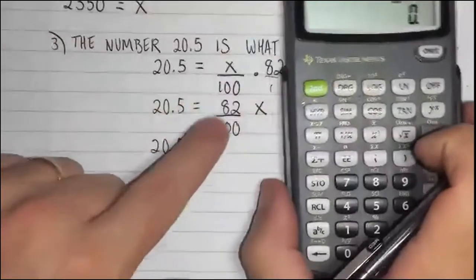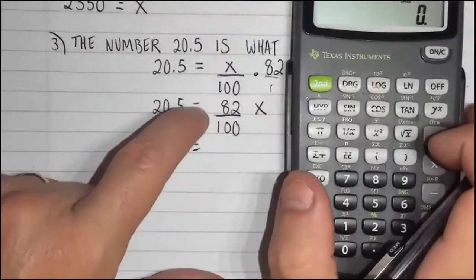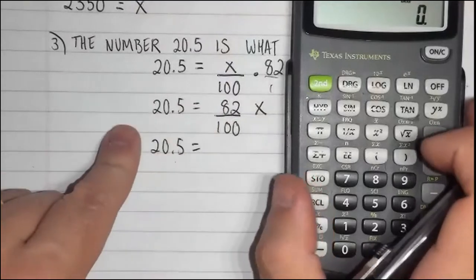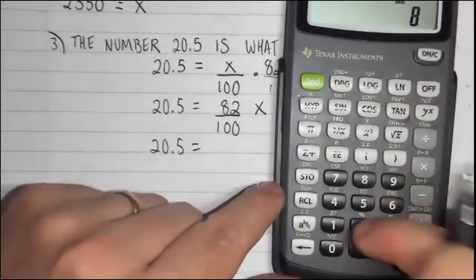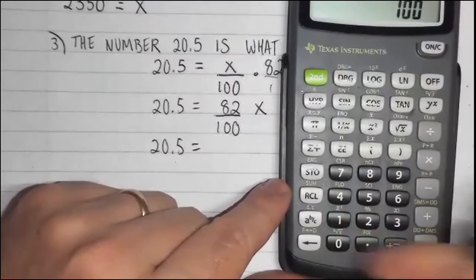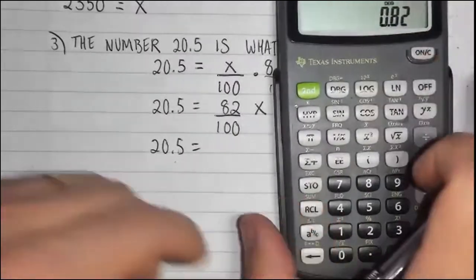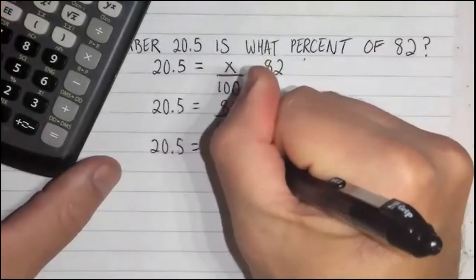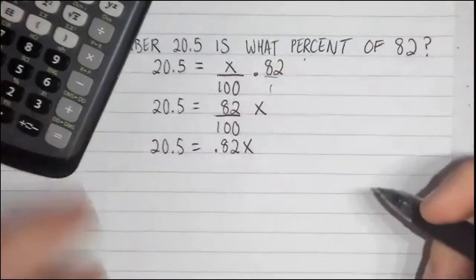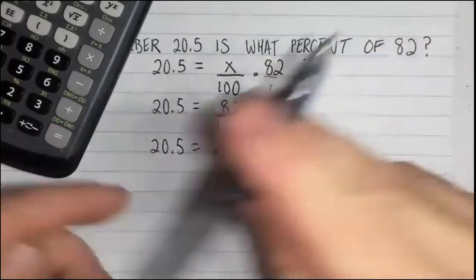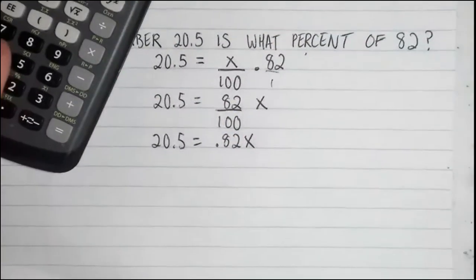There are different ways you can do it. You can multiply both sides by the reciprocal, in other words, 100 over 82. So again, different ways, but I'm just going to convert that percent to a decimal of 0.82. So what I have is 20.5 equals 0.82x.